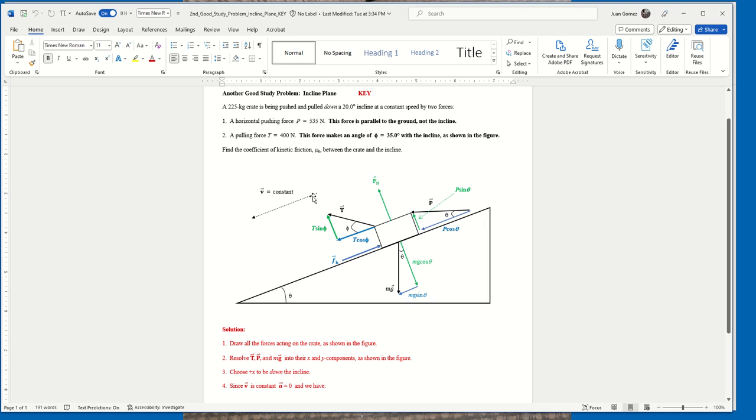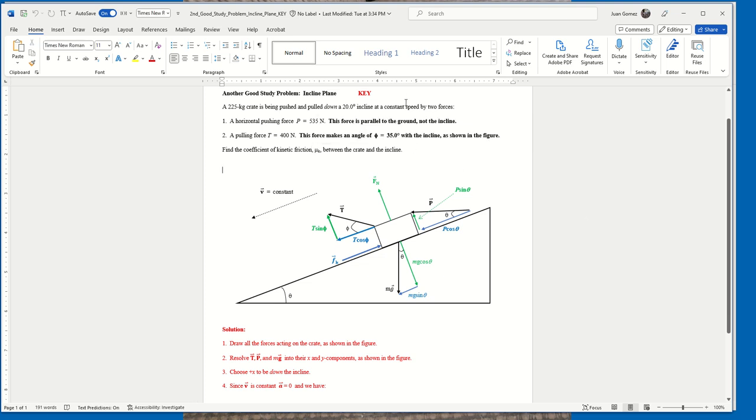Step one, draw all your forces. Step two, do all the resolving into components. Step three, apply Newton's second law in both the x direction and the y direction. Step four, do the basic algebra to solve for the unknown quantity. In this case, we want UK.